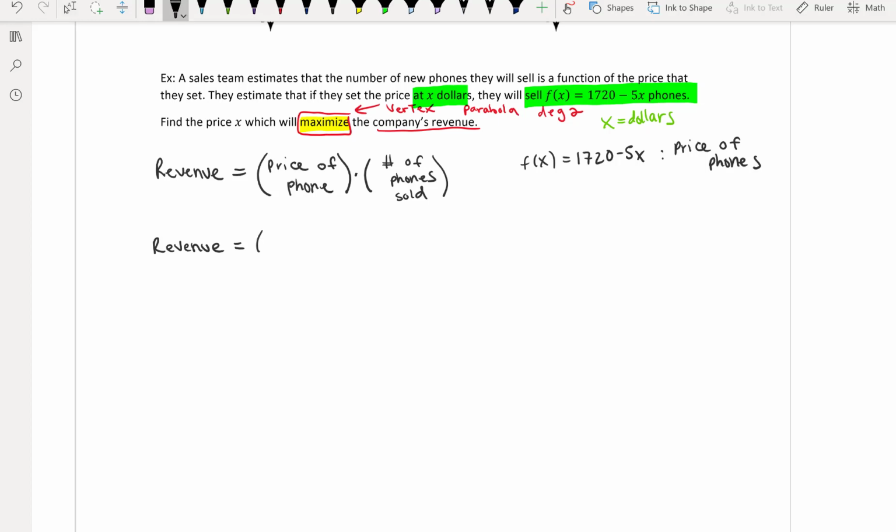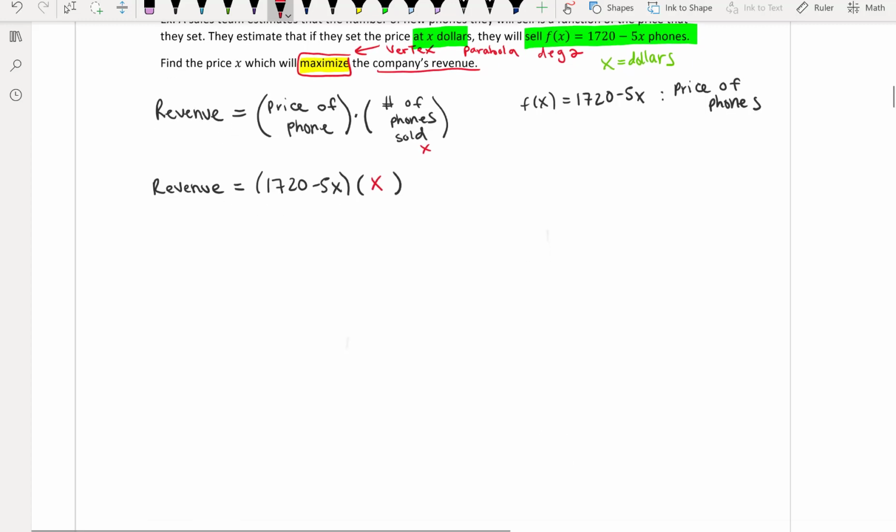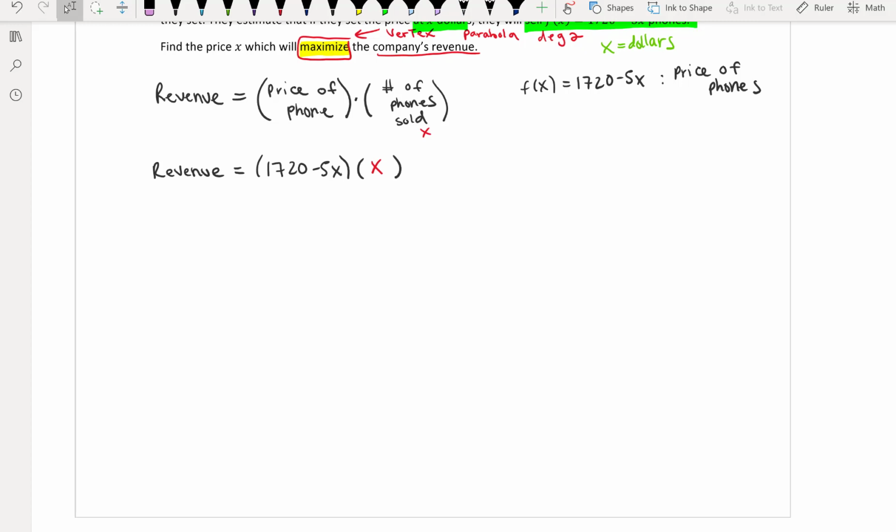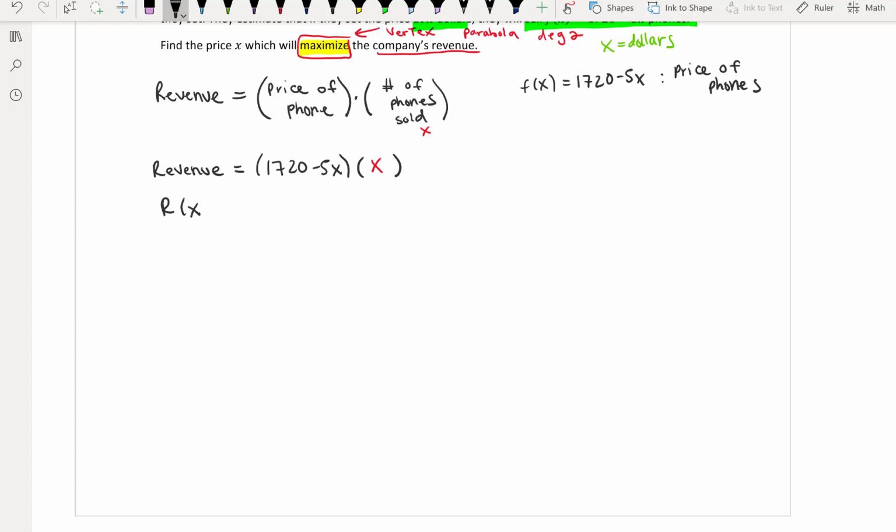I have my 1720 minus 5x, and the number of phones sold, I don't know what that is, so that is going to be my x. Now let's call the revenue R of x, equal to 1720x minus 5x squared. Better yet, it's going to be negative 5x squared plus 1720x.